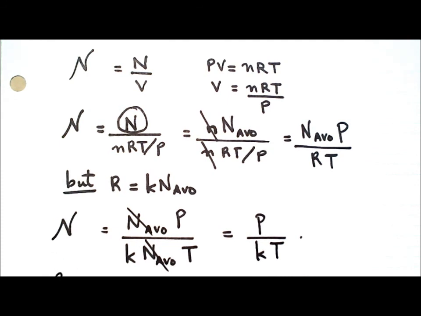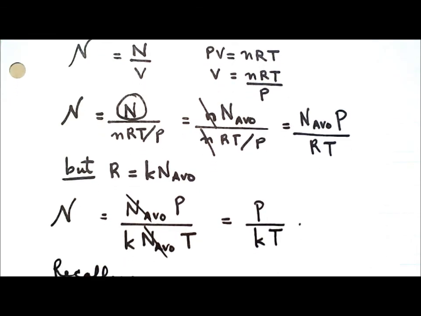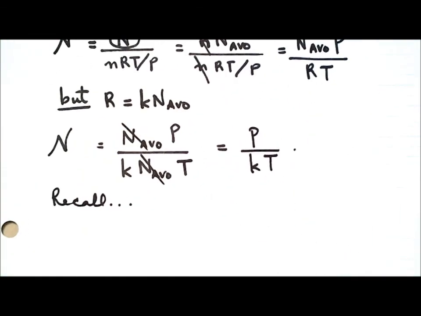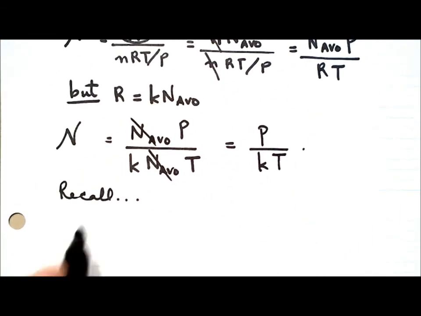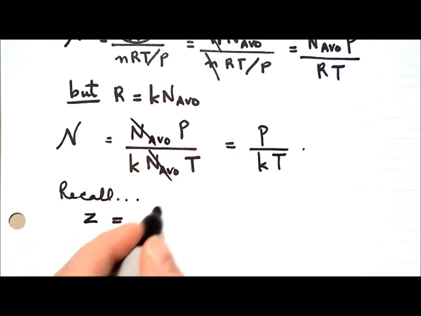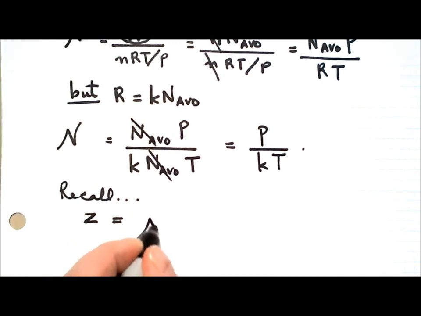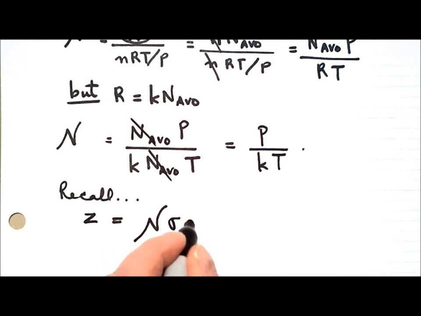So now we go back to, as I said, let's recall that we were trying to find a formula for the collision frequency, and we left it at this number density, sigma, relative mean speed.